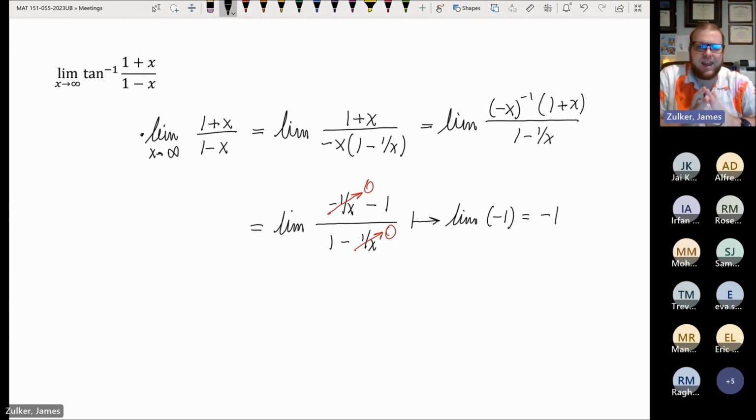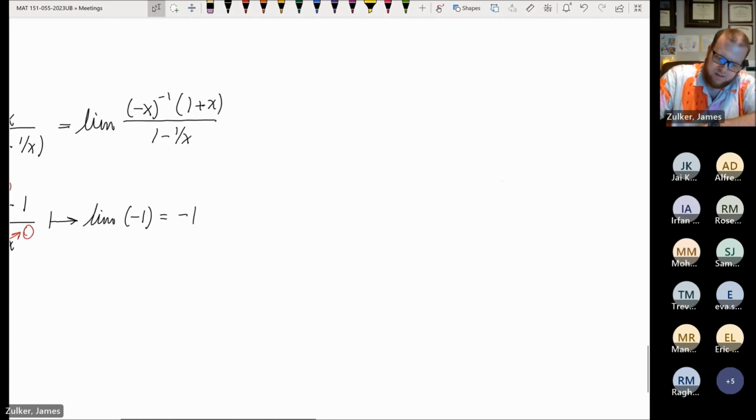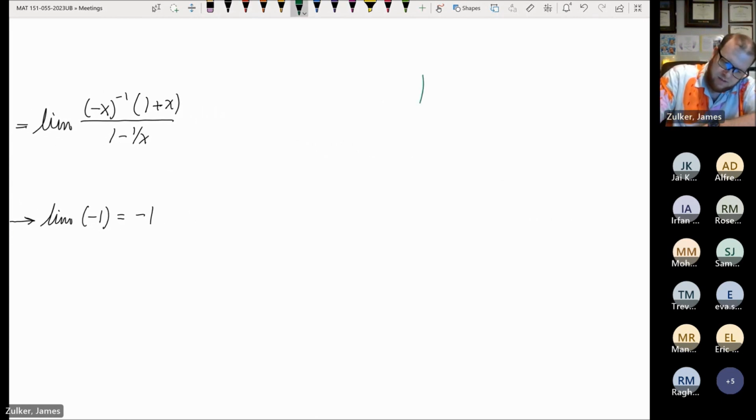So what do we think? Is -1 in the domain of the inverse tangent? What is the domain of the inverse tangent? Who remembers that from pre-calculus?